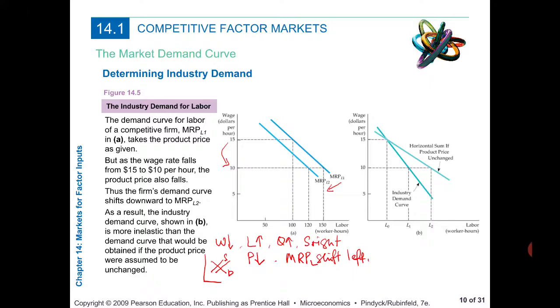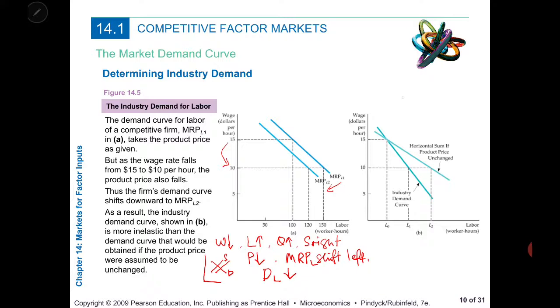Okay, in other words, we are saying that since MRP is demand, so demand of labor falls, shift to the left. And if there's any equilibrium, the equilibrium will happen at a lower point, lower MRP.